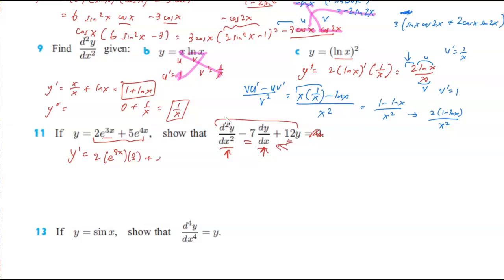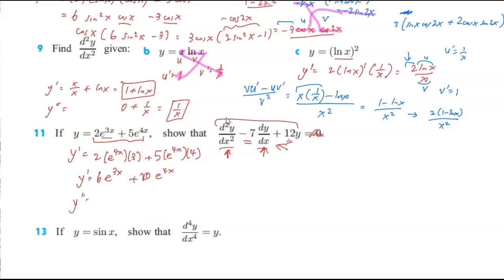Derivative of 5e to the 4x, we leave the coefficient there. We just rewrite the exponential function because the outside function is exponential. We take the derivative of the inside, which is 4. Now we simplify. 6e to the 3x plus 20e to the 4x. So this would be our first derivative simplified. What's the second derivative?